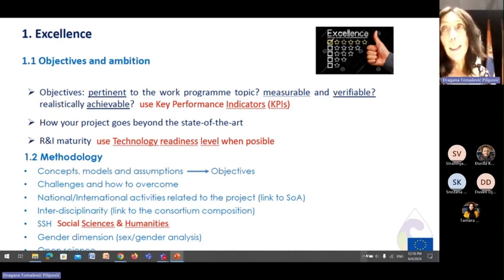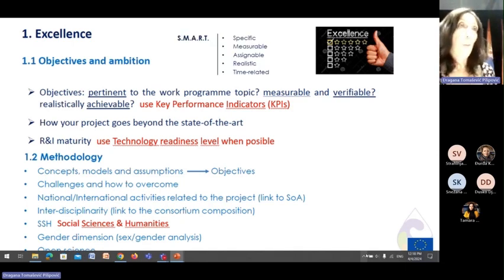They should be pertinent to the work programme. Remember, we said that your idea, your proposal, should match the call as much as possible. And your objectives should be measurable, verifiable, realistically achievable. So it's what they call SMART: specific, measurable, assignable, realistic, and time-related. So they should be SMART.